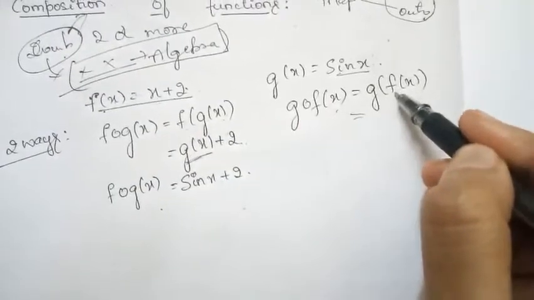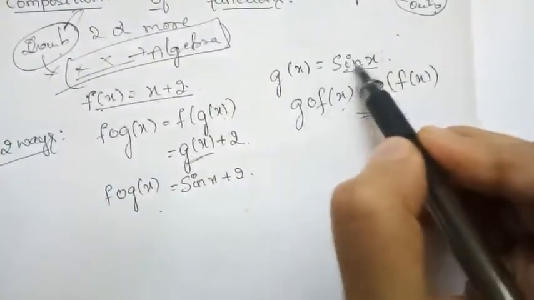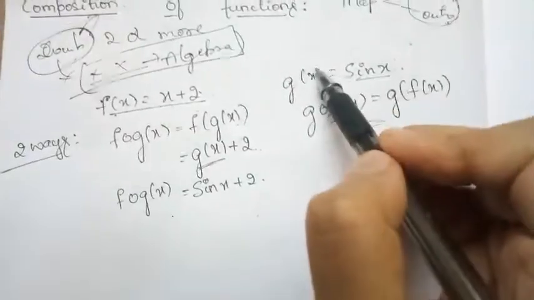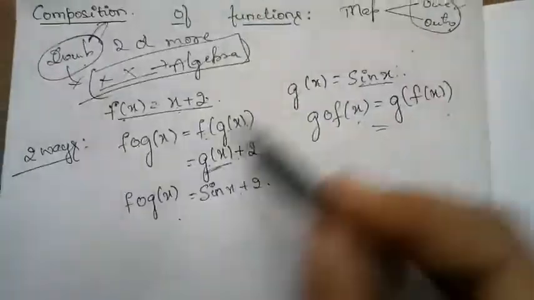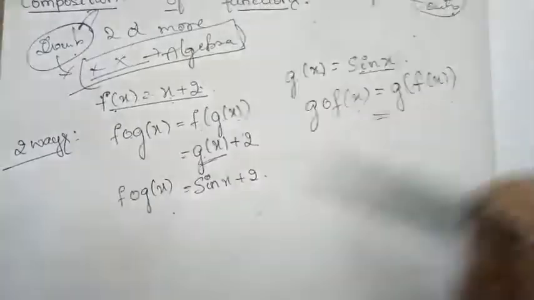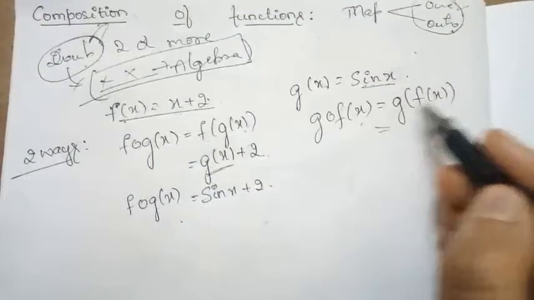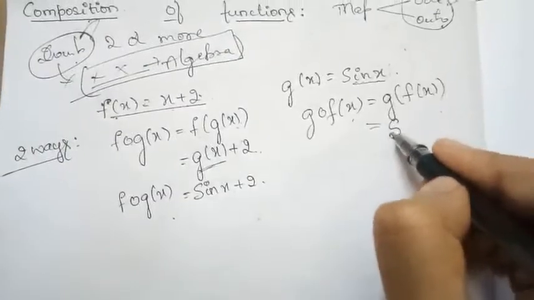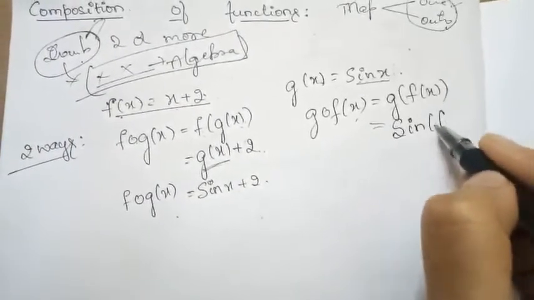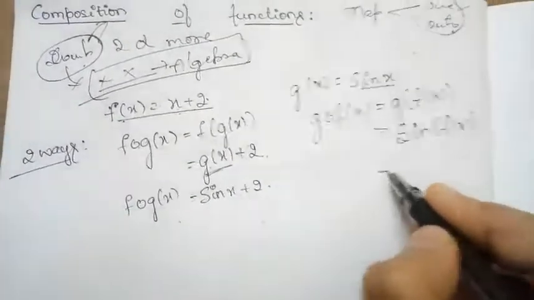Similarly, for the gof function, g of f of x: g of x is equal to sin x. Suppose g of t means sin t, g of m means sin m, g of r means sin r. So g of f of x means sin of f of x. What is f of x? It is x plus 2.